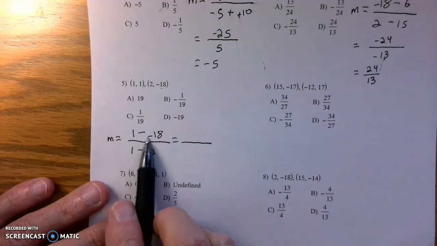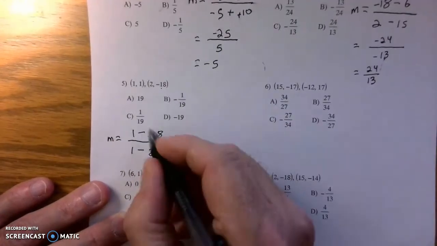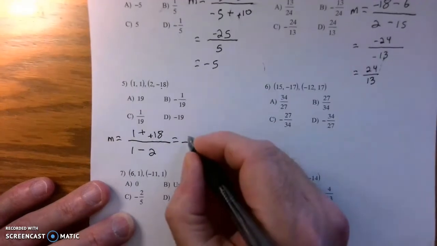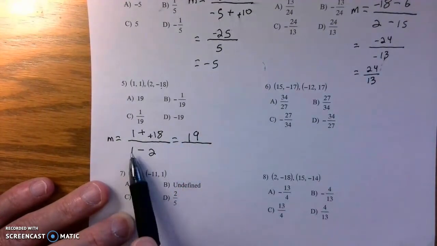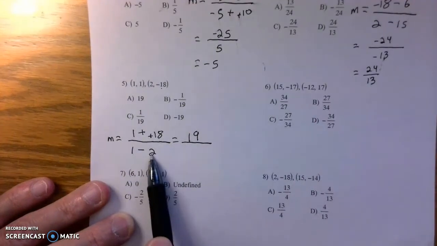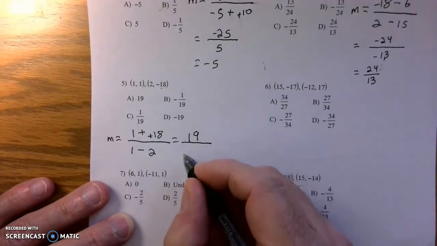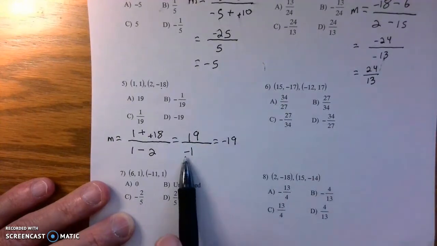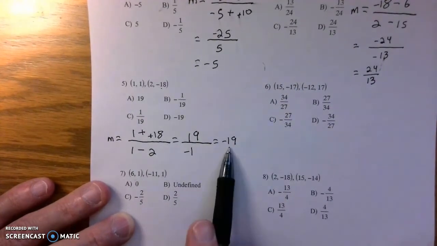All right, this is negative and negative right together like that. So just go plus, plus. 18 plus 1 is 19. 1 minus 2 is negative 1. Because that's negative down there, this just becomes negative 19, okay?